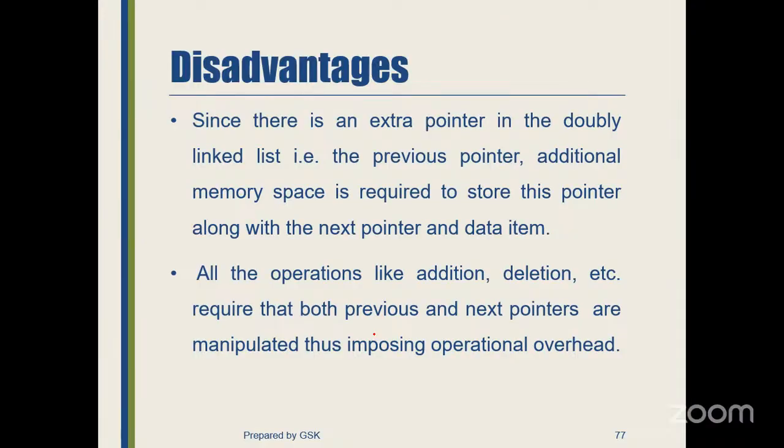And all the operations like addition, deletion, searching, display require that both previous and next pointers are manipulated, imposing operation overhead. In simple terms, for whatever operation you want to implement in the singly linked list, we need to change only a single pointer, right? But for whatever operation you want to implement with the doubly linked list, every time you need to change two pointers. So this is somewhat of an overhead compared to the singly linked list. So these two are the disadvantages of a doubly linked list.